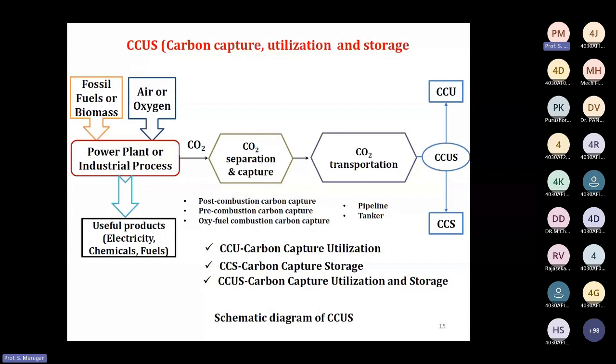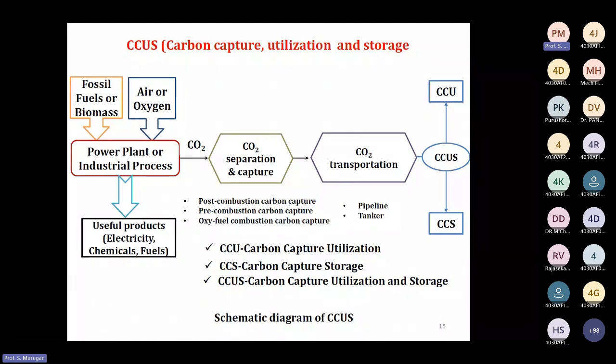Then the CO2 has to be transported, and then again it can be stored in different places, whether it may be underground or it may be in sea. Different methods are there to store CO2, which is separated and captured. So CO2 can be transported by pipeline or tanker, and then storing can be in different ways that I'll come to later.